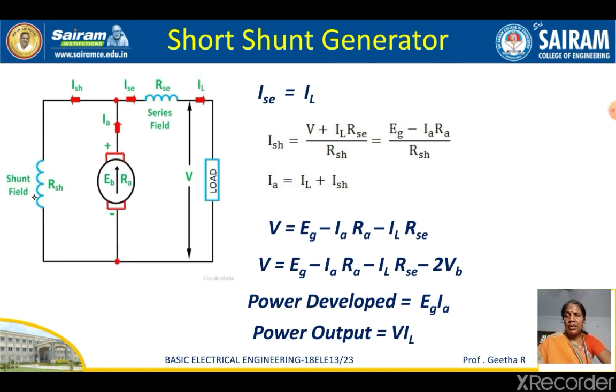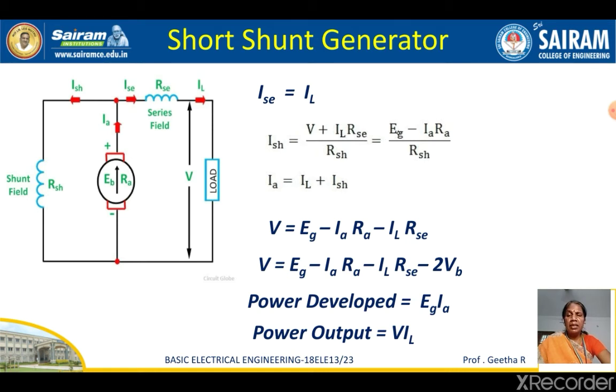Here the terminal voltage V is available, and V plus IL into RSE is the voltage across this, that is the voltage across the shunt field. So V plus IL RSE divided by R shunt gives you the I shunt.